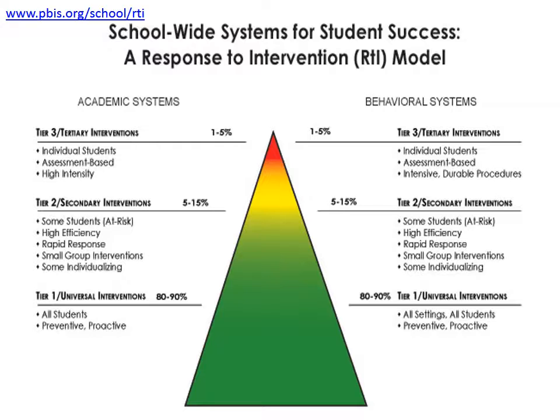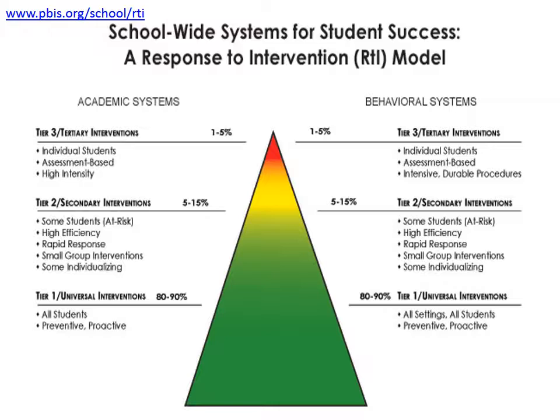In Tier 2, the student will be provided with more targeted interventions. Group size can be varied, the frequency and duration of the intervention can be varied, or other professionals might be called in to provide outside support, like a speech interventionist or a social worker, anyone that can provide assistance, or a reading specialist.